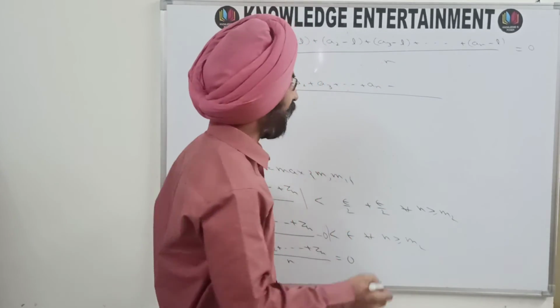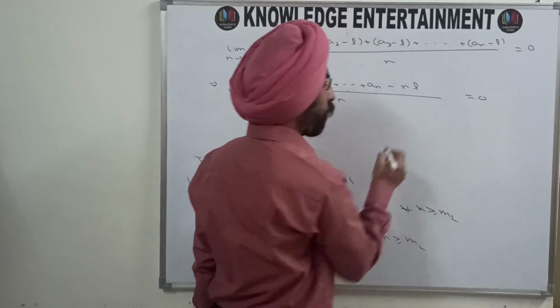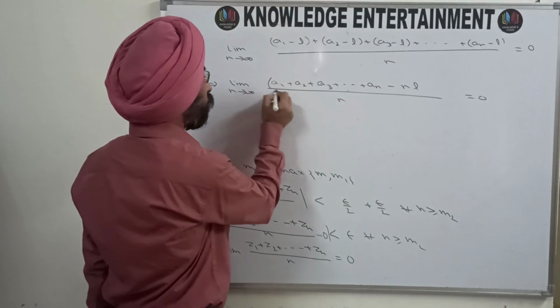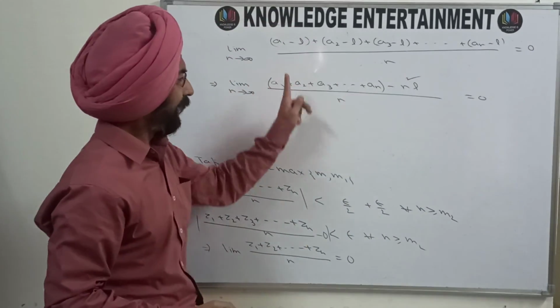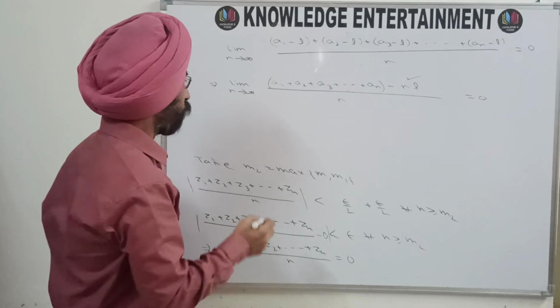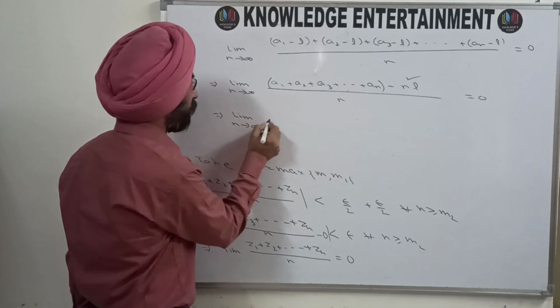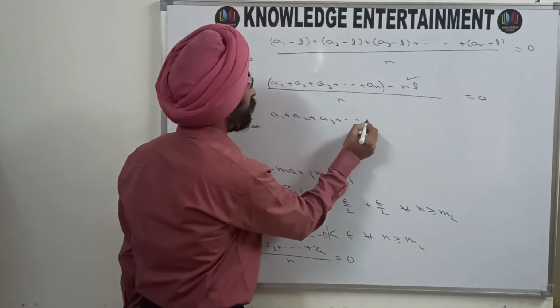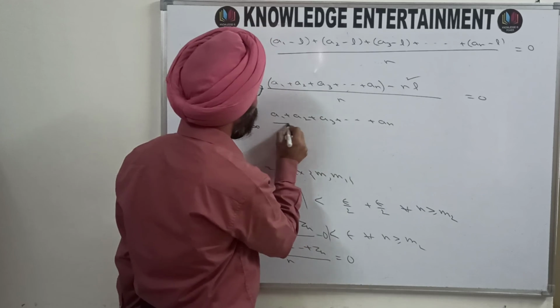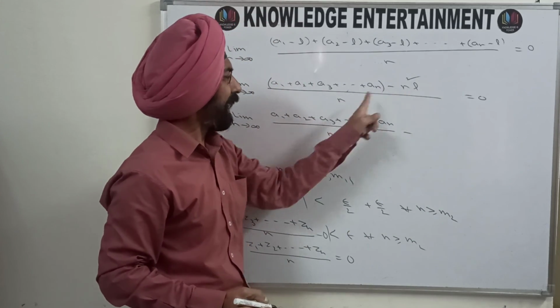So n times L means nL divided by n is equal to 0. Now consider this as one term, this as the second term, and separate them. So you will get limit of n approaches infinity, a1 plus a2 plus a3 plus and so on an divided by n minus nL by n.